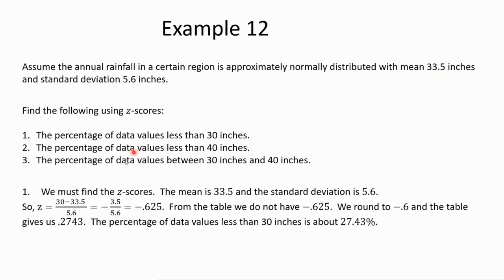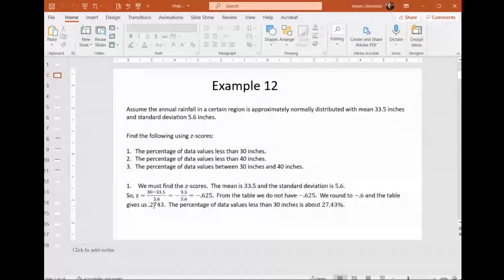To get the z-score for the data value, we subtract the mean and divide the difference by the standard deviation. So we get negative 3.5 over 5.6, which is about negative 0.625. That's the z-score we want.